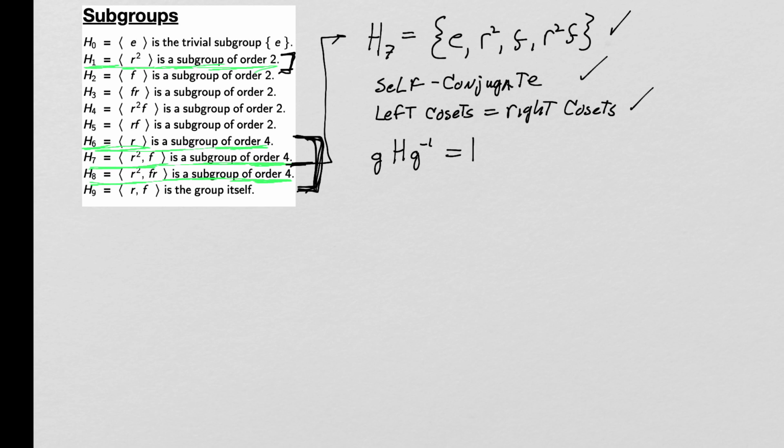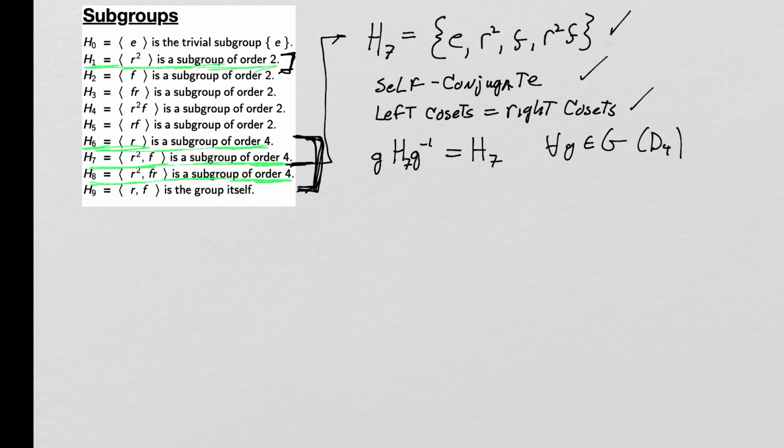And if that set equals H for all G in the larger group, which in this case is D4, so in our case, H7 and D4, then we are dealing with a normal subgroup.